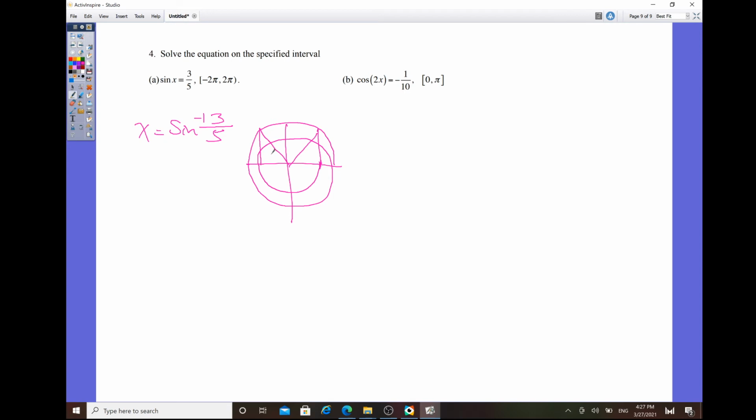And don't forget to add 2 pi k. So k would be 1 and 2, because you have to go around the unit circle once and then twice, in two different directions, positive and negative. Whatever you find for x would be the first solution.